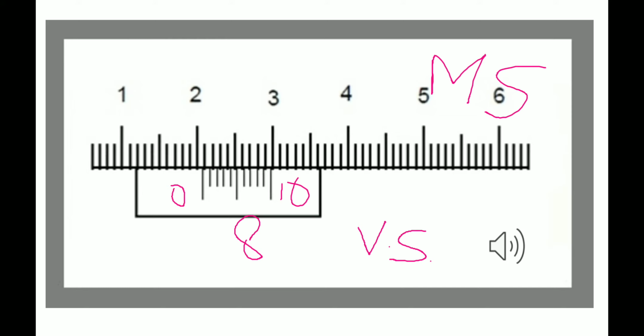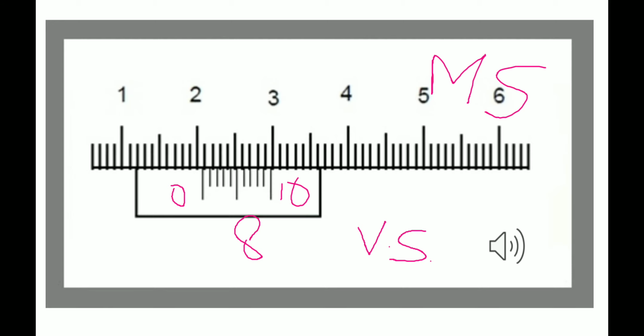So what we have to do is main scale reading plus vernier reading coinciding into least count. The least count will be 0.01 centimeter. So 2.0 centimeter plus 8 into 0.01 centimeter, and that will be the result.